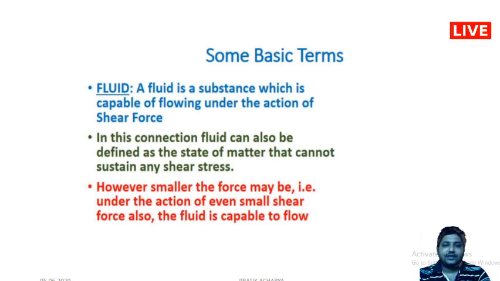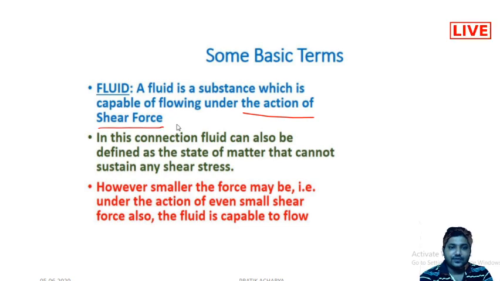Some basic terms we have to understand. A fluid is a substance capable of flowing under the action of shear stress. We apply a shear force, and how we apply it we will see later. Then the fluid flows layer by layer.